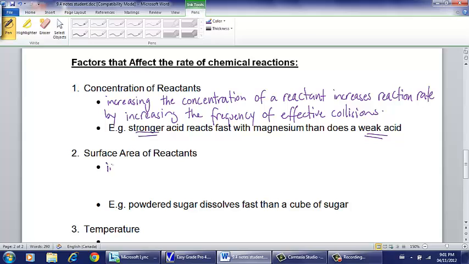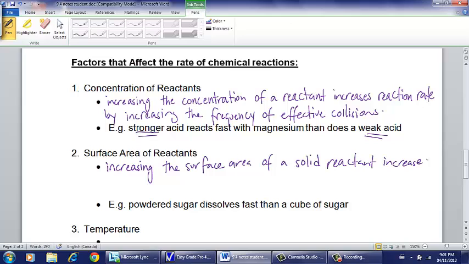So increasing the surface area of a solid reactant increases the amount of exposed solid and thereby increases the reaction rate by increasing the number of effective collisions.